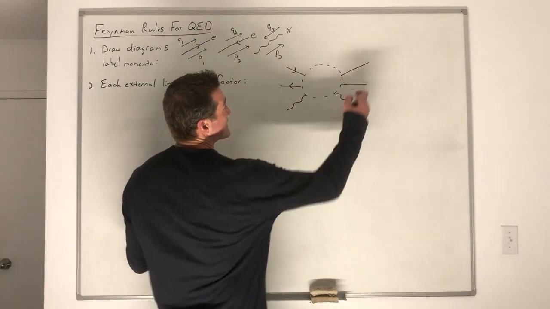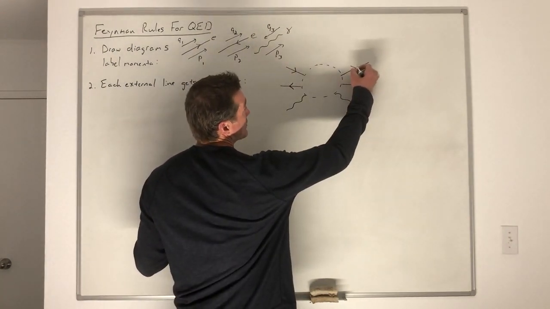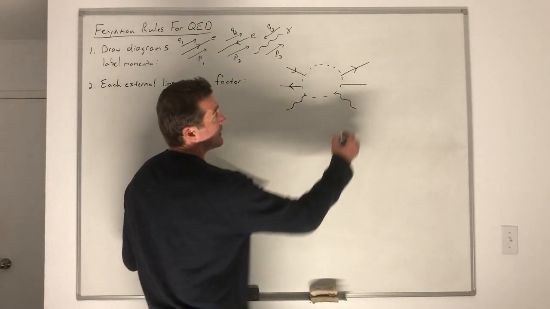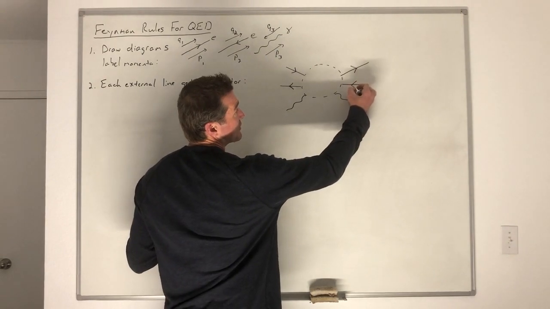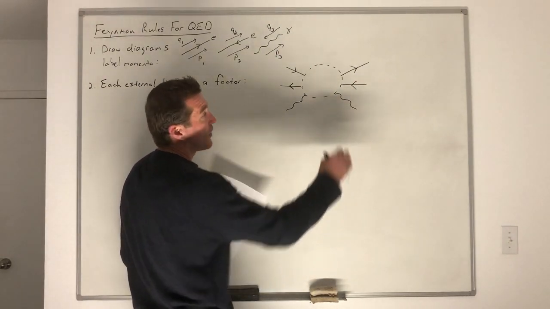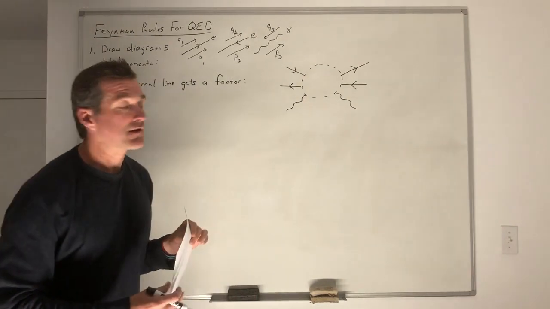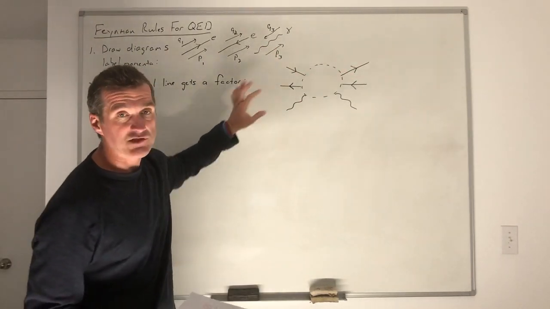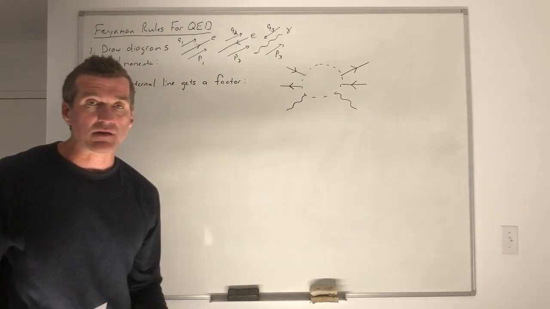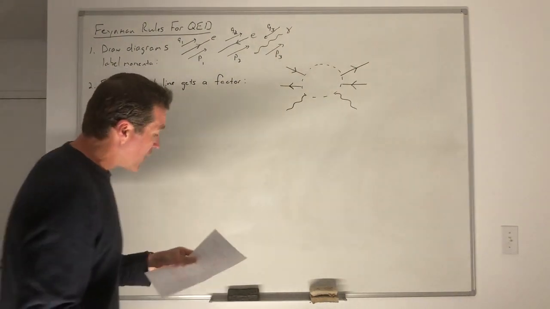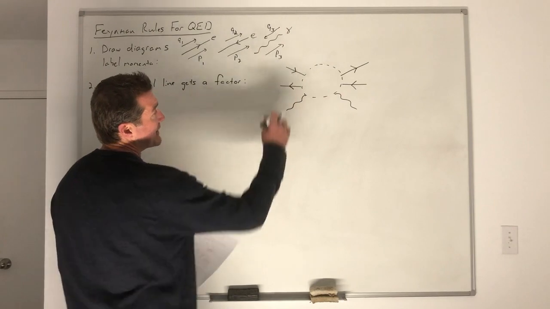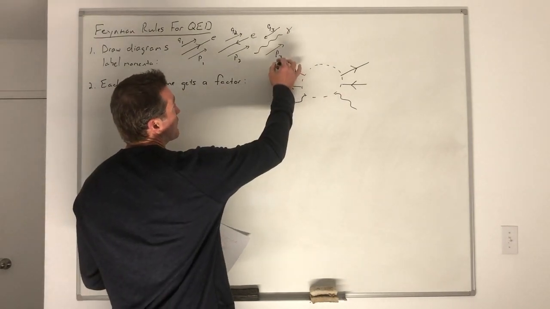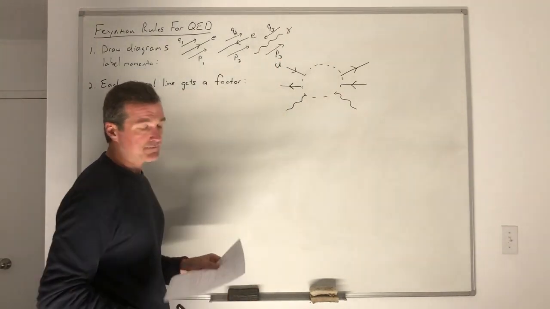Now let's look at the possibilities here. We can have a particle leave the interaction. We can have an antiparticle leave the interaction. Or we can have a photon leave the interaction. Of course, we can have more than any of these on either side, but it's got to be one of each of these three. That's the only three possibilities we have. Whenever you encounter a particle entering the interaction, you want to write down a factor of u.